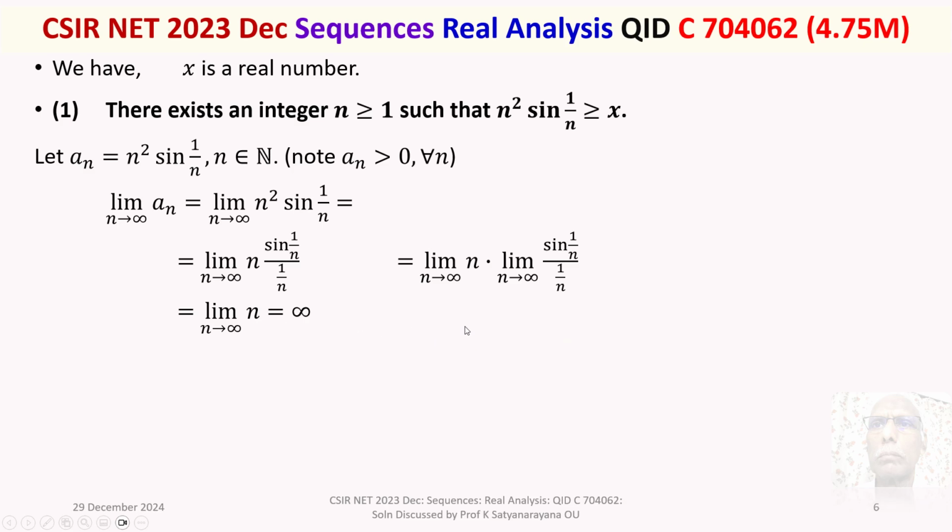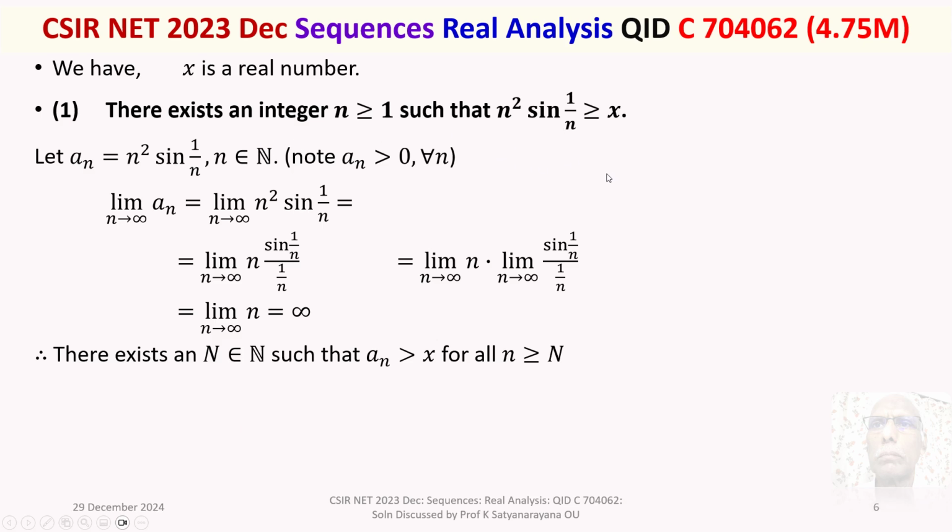So when it is infinity, by the definition, there exists an integer capital N belonging to the set of natural numbers such that an is bigger than x, the given real number, for all n greater than or equal to capital N. So option 1 is true.